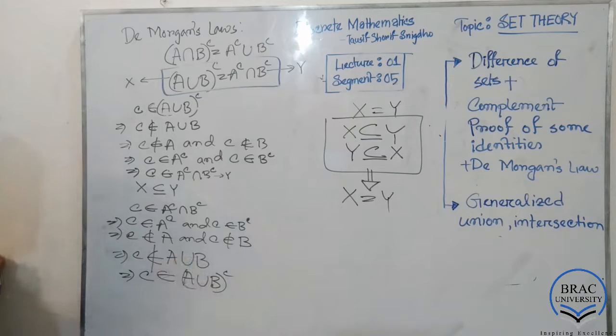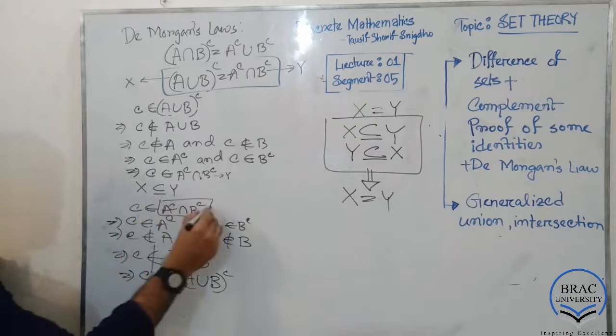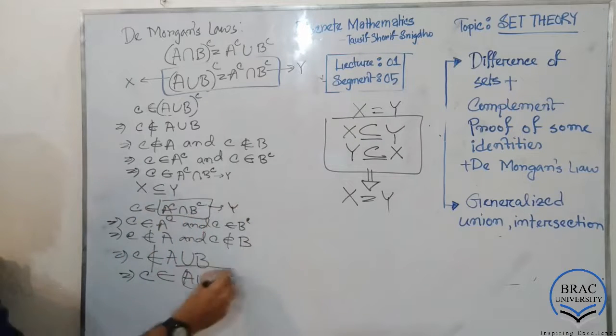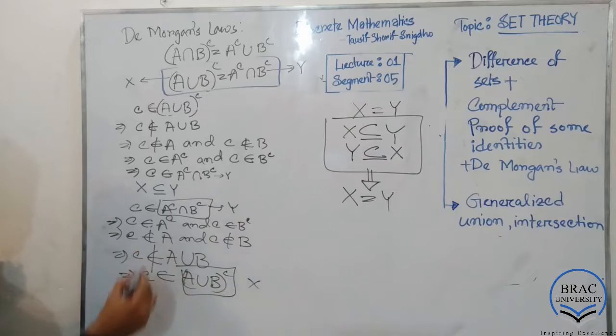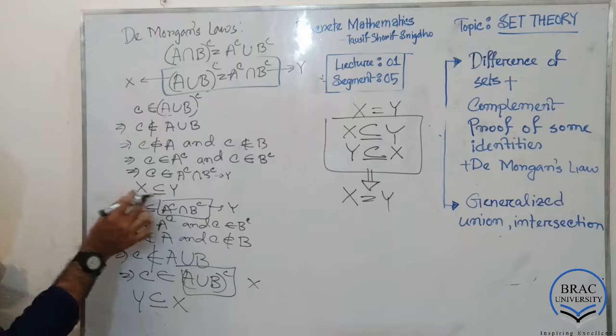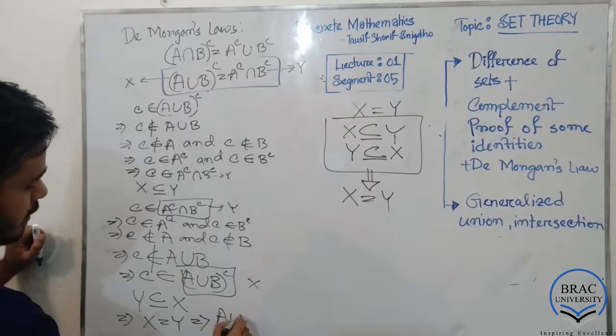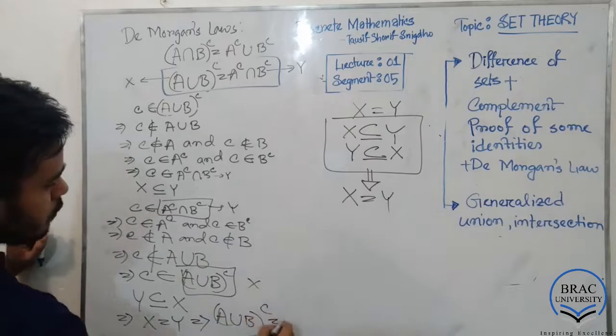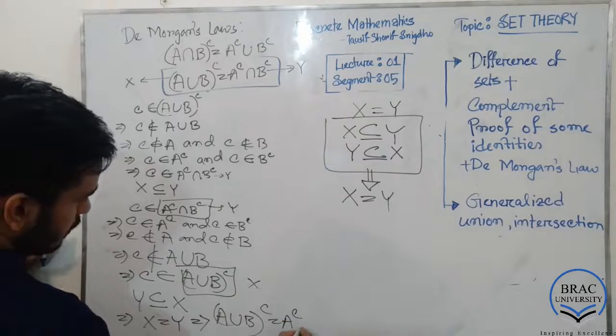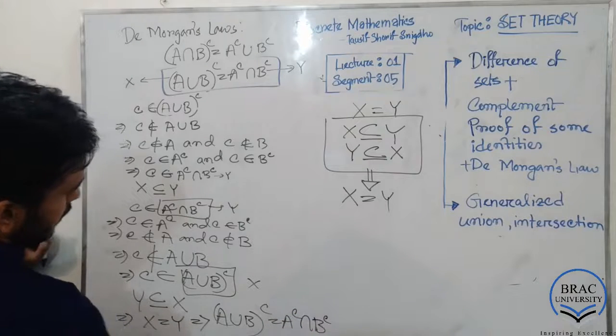So from here, we say that this was Y and this was X. So we claim that Y is a subset of X. Since X is a subset of Y and Y is a subset of X, we claim that X equals Y. So from here, we claim that (A union B) prime equals A prime intersection B prime.